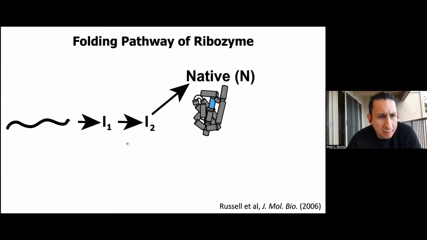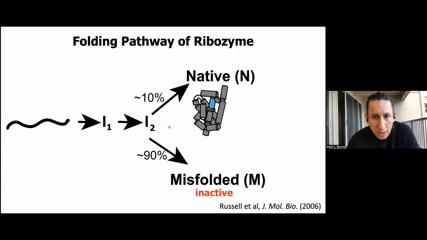All right, so going back to the folding of this Tetrahymena ribozyme. A series of early experiments determined its folding pathway and found that under standard experimental conditions, most of the ribozymes go into a misfolded state that has no catalytic activity. Just like those misfolded states that I was referring to earlier on my RNA folding schematic cartoons. And they also found that the transition from this misfolded state into the functional state is very slow.